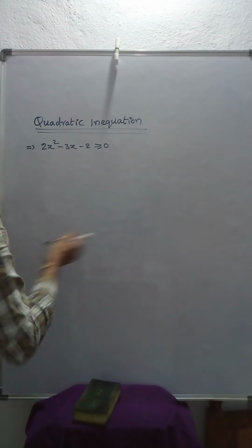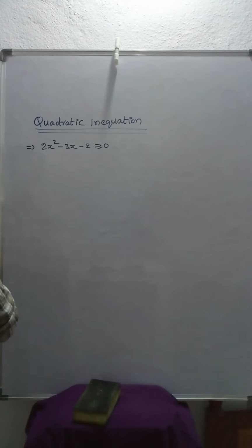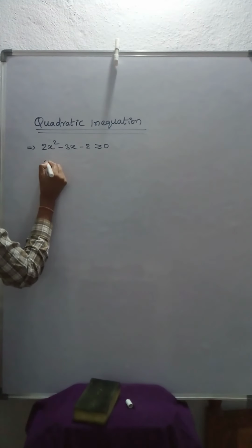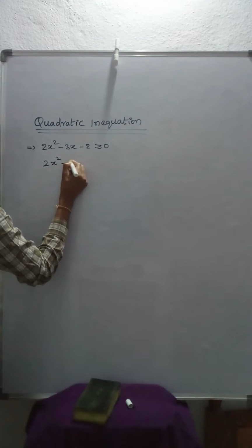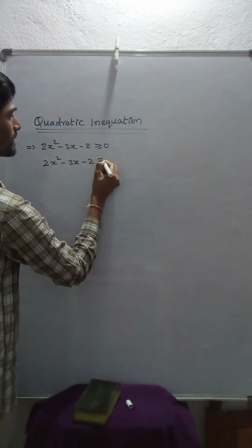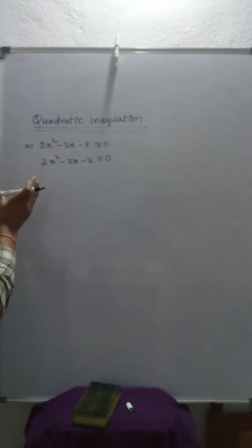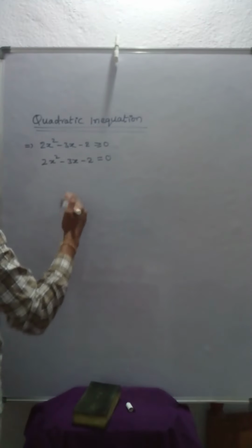So first of all, we'll go for the factorization of the given quadratic 2x square minus 3x minus 2 greater than or equal to 0. As we already studied, whatever the case, first we go for the equality sign and find the roots or solutions which satisfy the equation. Afterwards we go for the inequality. So 2x square minus 3x minus 2 equal to 0 is a quadratic equation.